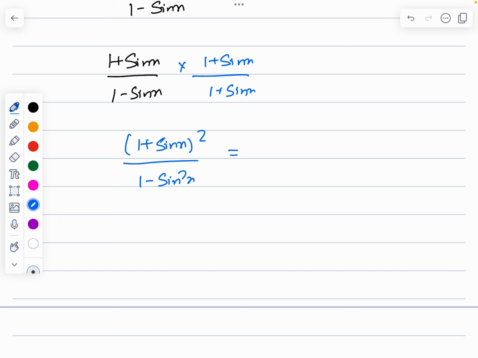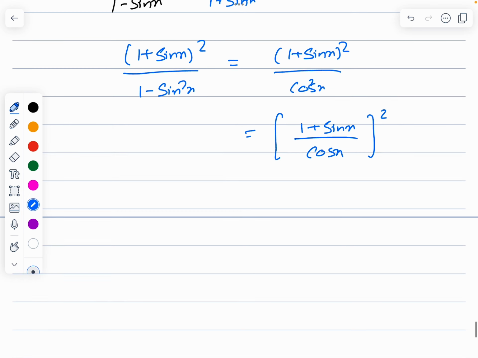What is 1 minus sine square x? 1 minus sine square x is cos square x. Take square common. 1 plus sine x divided by cos x whole square. So bifurcate, 1 upon cos x plus sin x upon cos x whole square. So which is secant x plus tan x whole square.